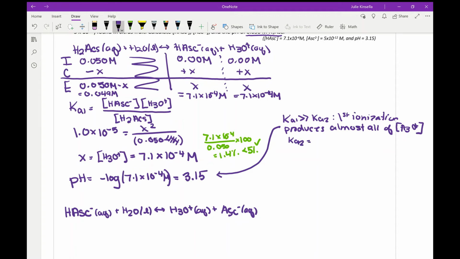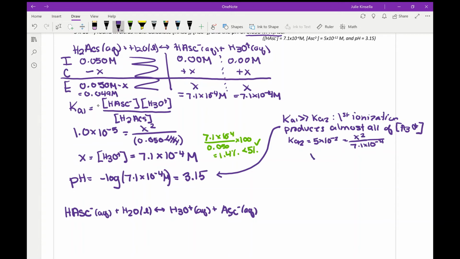Our Ka2 is 5 times 10 to the negative 2, which would be x squared over 7.1 times 10 to the negative 4. Okay, that's the concentration of the HASC ion, and then this would be the hydronium. So you can actually look down here. I'm basically setting up that expression, and I'm searching for the two concentrations of hydronium and then the remaining ion.